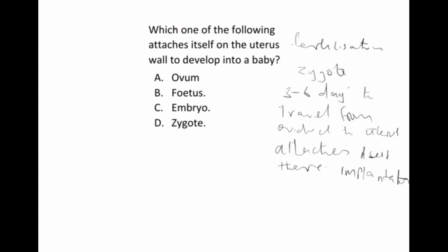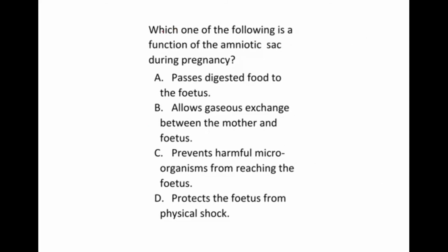After implantation, it changes to become an embryo. So the one that attaches itself in the upper uterine wall is the zygote, and after that it changes to become the embryo. Which one of the following is a function of the amniotic sac during pregnancy?